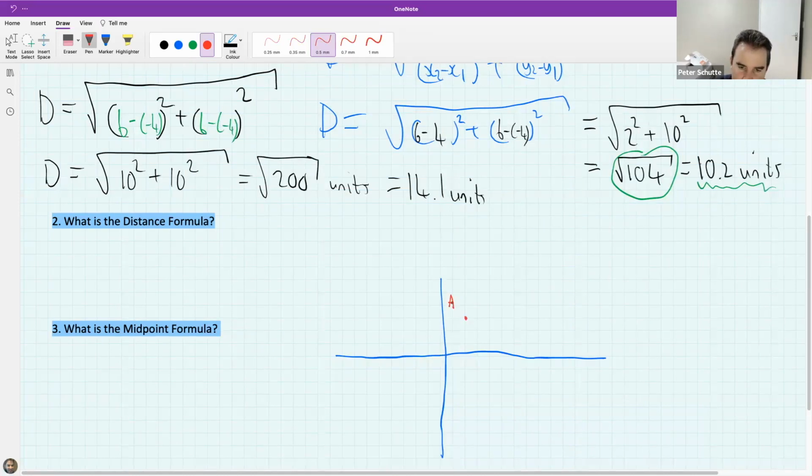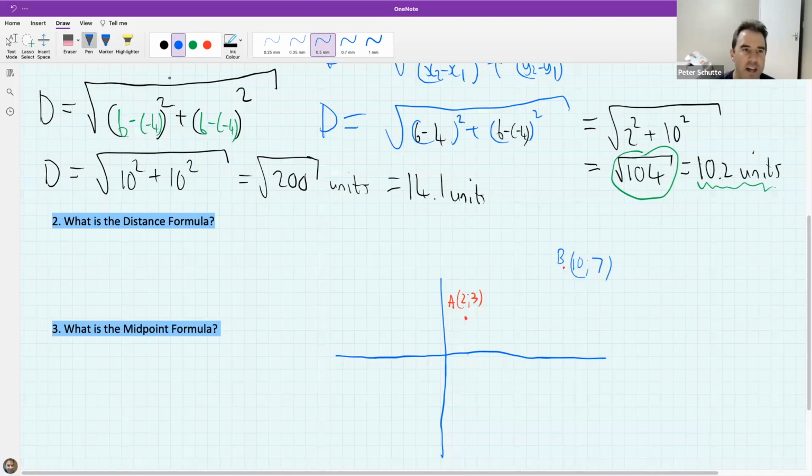We'll call this point A, and we'll make it the point 2, 3. And I give you another point over here. Let's count this out: 3, 4, 5, 6, 7, 8, 9, 10. So 10 across. And then how many up? 1, 2, 3, 6, 7.